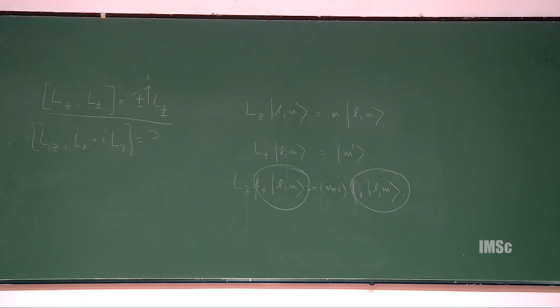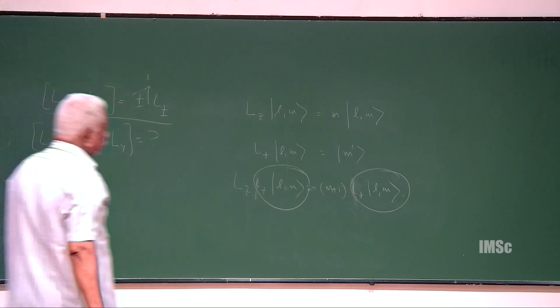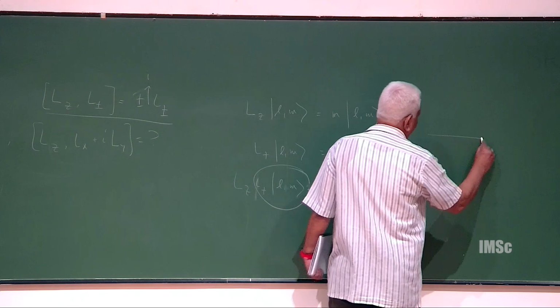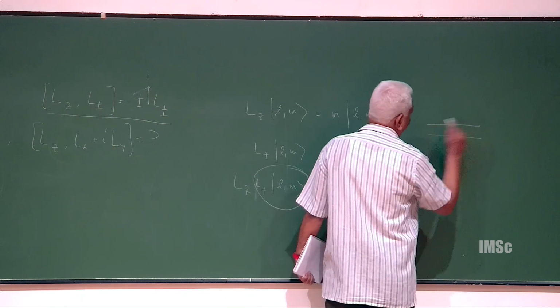Same thing happened for the harmonic oscillator. You had the state n, A dagger acting on that gives you a new n prime, but it is an eigenstate of A dagger A, the number operator. So that is what happens here. What you start with is m, some value, and by L plus you can go up one step.